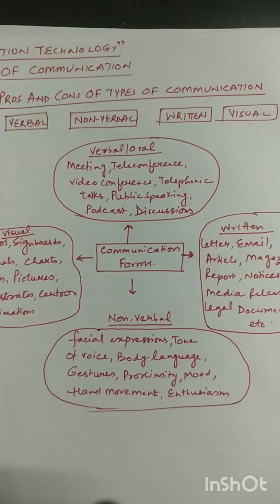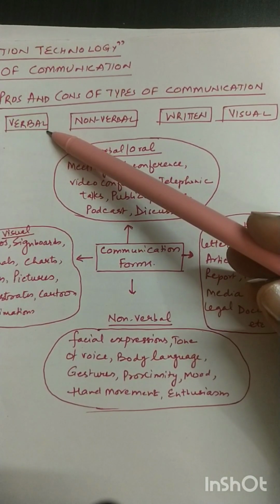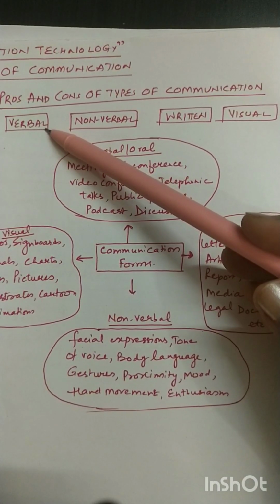As we all know, in verbal you mostly interact with others through spoken words, where you speak something directly to the other person. So what are the advantages? You are being straightforward in expressing the feelings, right? Then your communication is mostly interactive, where you are getting response the same moment. It is a speedy form of communication, right?